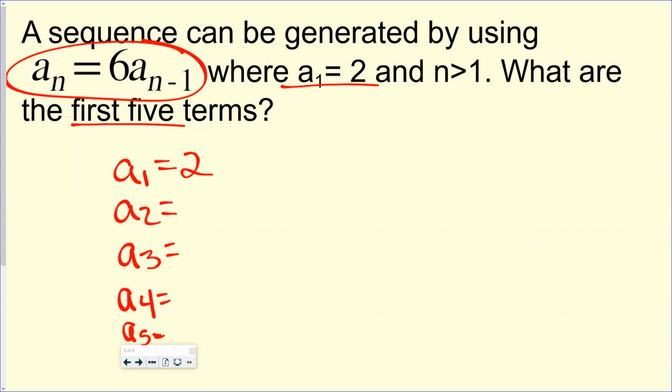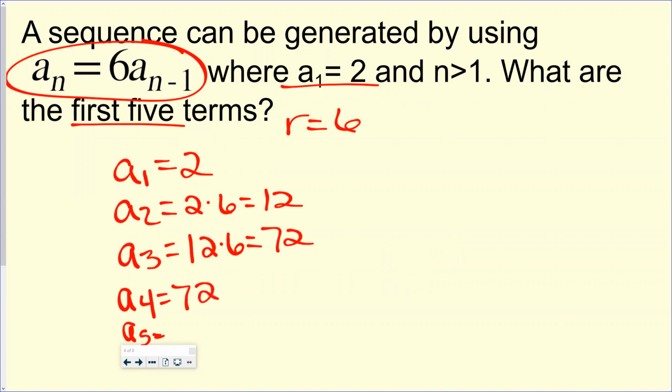Well, based on this, I know my R is 6. So then to get from one number to the next, I'm going to do 2 times 6, which gives me 12. 12 times 6, which gives me 72.